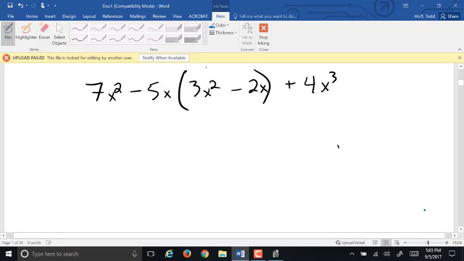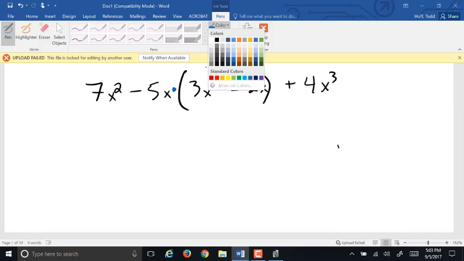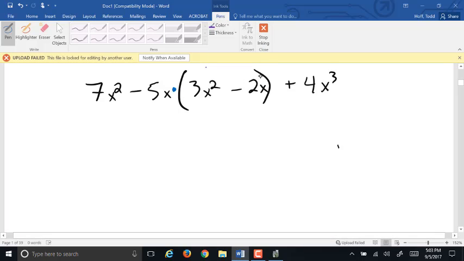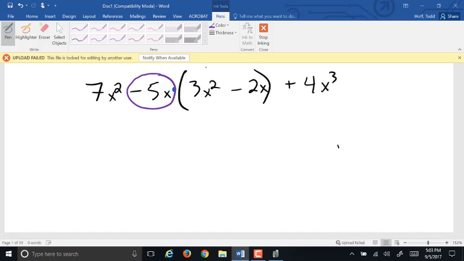So looking at this one, the first thing we have to do is the multiplication in the middle here. Now, rather than multiplying this and then treating this as subtraction, it's simpler if we treat this as a negative 5x multiplied through there. So the 7x squared up here is not going to change.